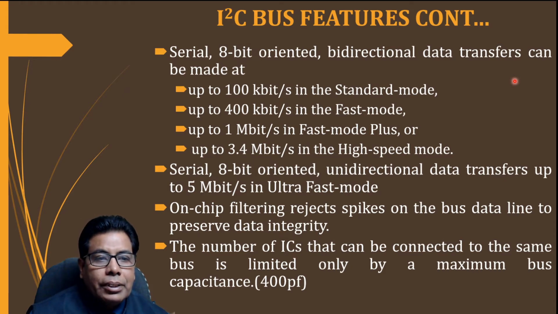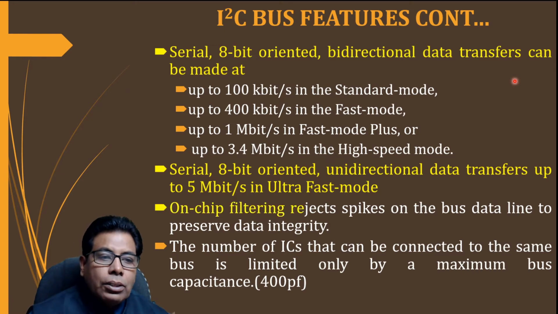So these are the various speeds; it will operate on these speeds in different modes. If you consider unidirectional data transfer, it can go up to 5 Mbits per second in ultra fast mode.